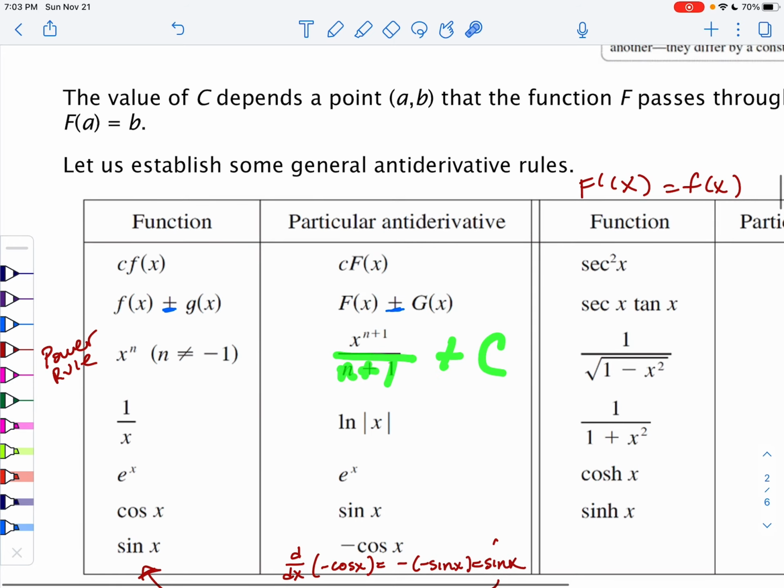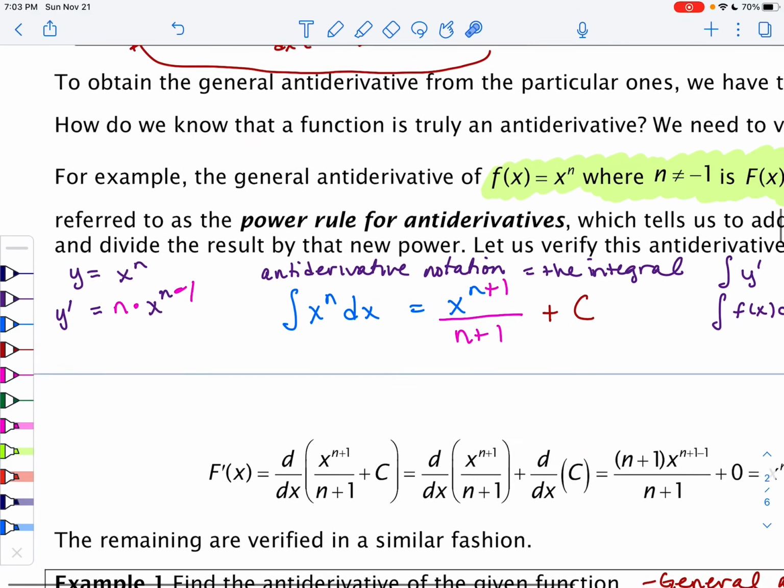And then we're not going to forget to add the plus c. Good. What function has derivative equal to 1 over x? ln of the absolute value of x. And so we have some various antiderivatives of transcendental functions.